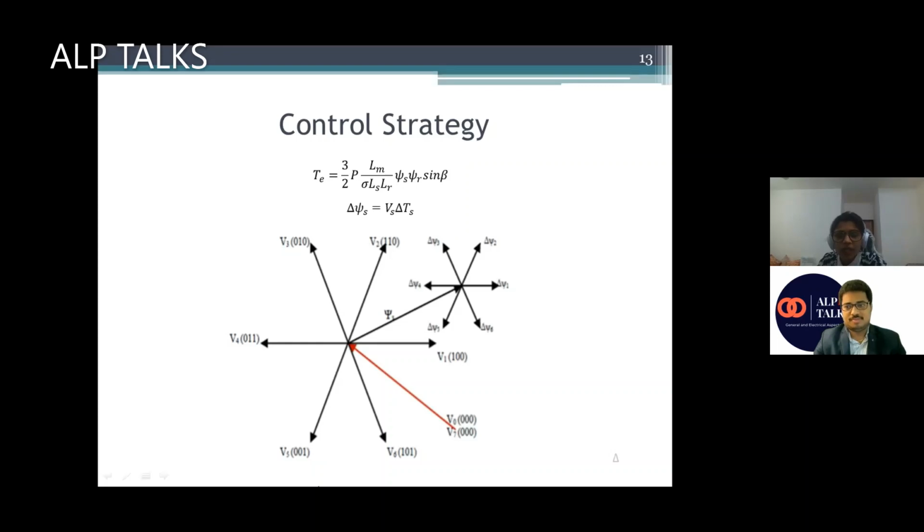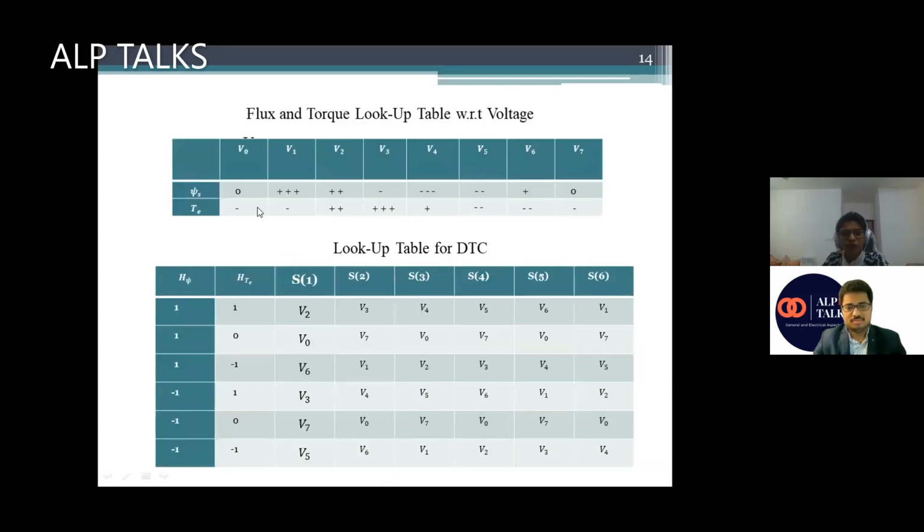So this is how we can choose our appropriate voltage vector, whether we want to increase or decrease or make it neutral. For that, I use two lookup tables, the flux and torque lookup tables. For increasing or decreasing or making it neutral, which voltage vector should be used, whether I want flux and torque.